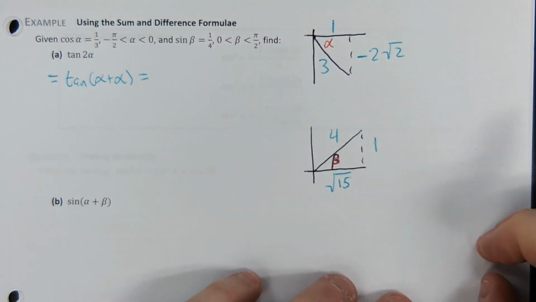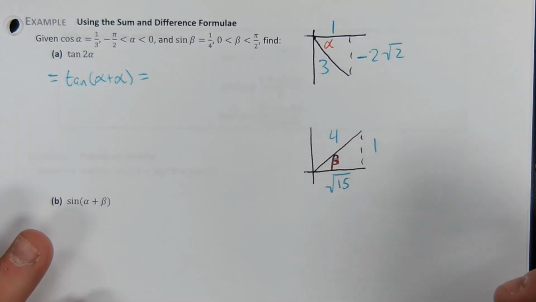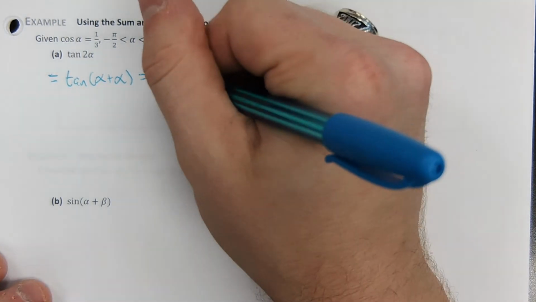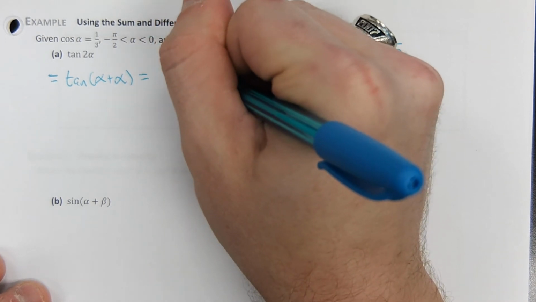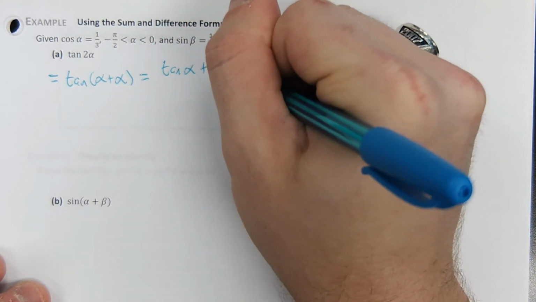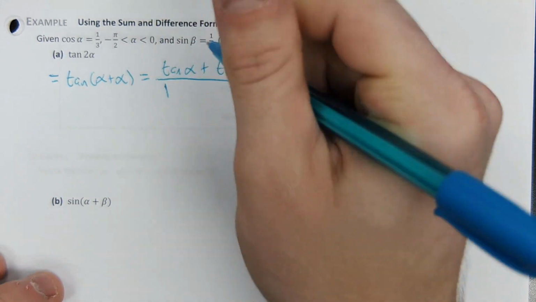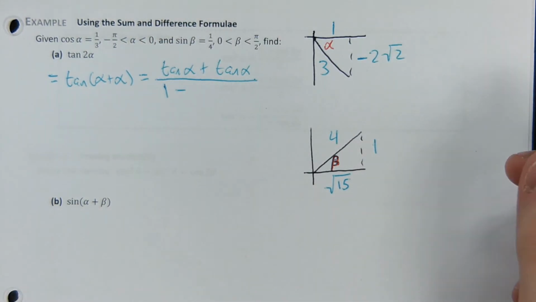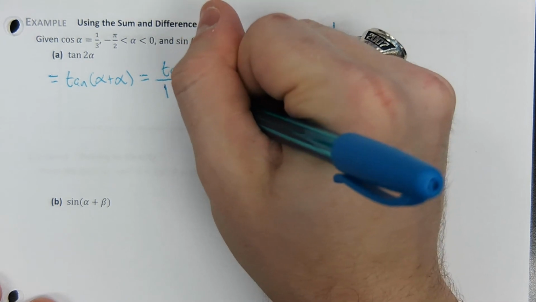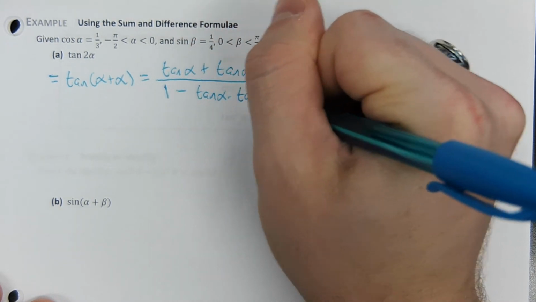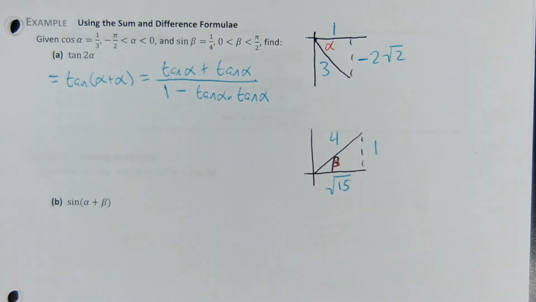So our sum or difference formula for tangent is tan A plus tan B, of course, they're both alpha, with a matching symbol on top. So tangent alpha plus tangent alpha over 1, opposite symbol, tan alpha, tan alpha. Oh, cool.